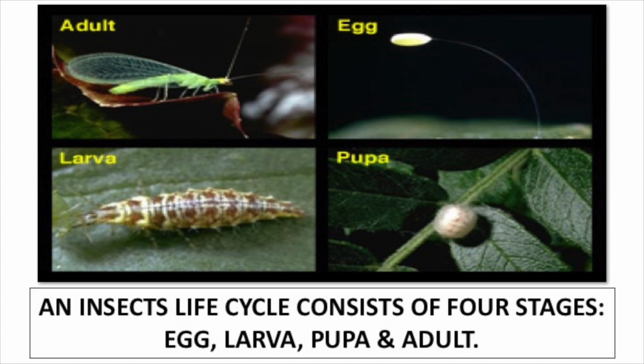And you can see the 4 stages here. First, before it hatches, it's an egg. Then, once it hatches, it becomes larva, pupa, and finally, adult. Yes. So any questions, guys? Okay, that was brilliant. Well done.